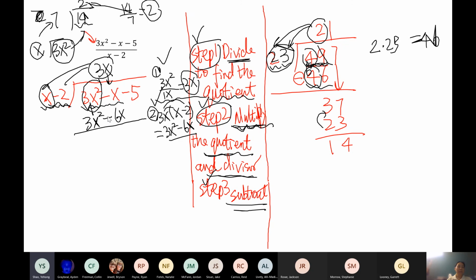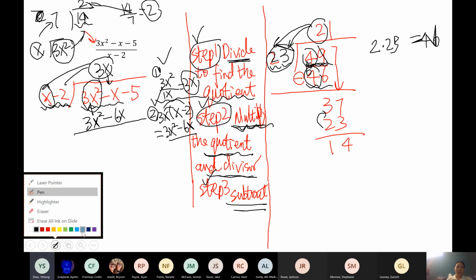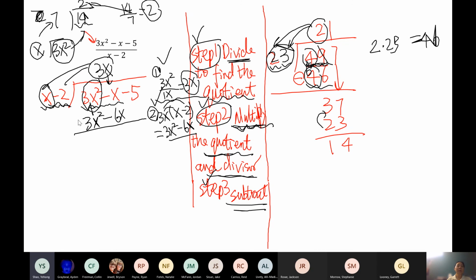We subtract them. Now, we also learned in the first exam, we did those questions. So we talked about how to combine like terms. Be very careful here because we have a bunch of minuses. Can someone tell me what is 3x squared minus x minus 3x squared minus 6x? You can work this out on your scratch paper and tell me what your answer is. But you do have to be very careful.